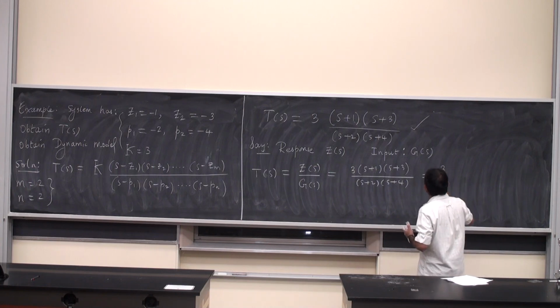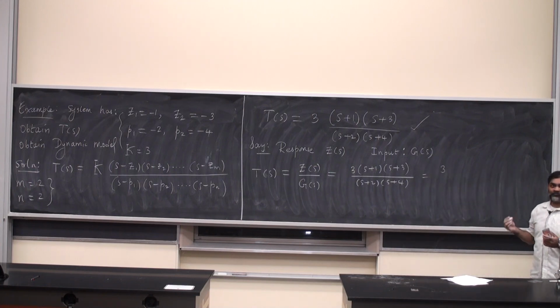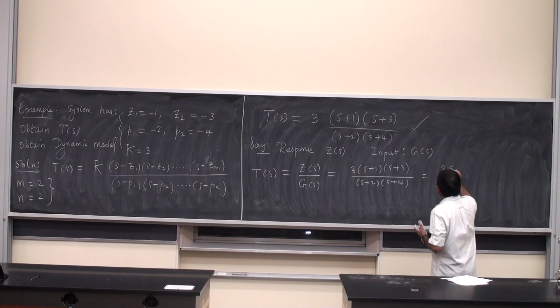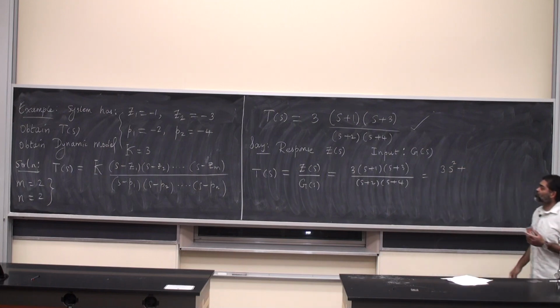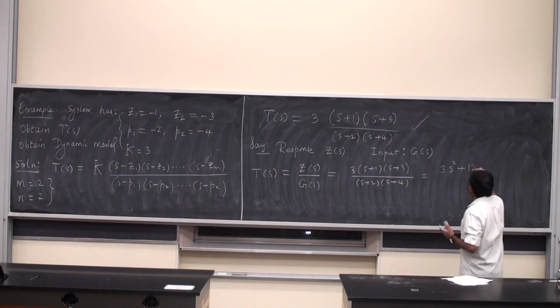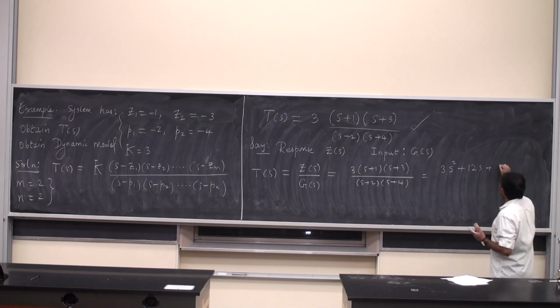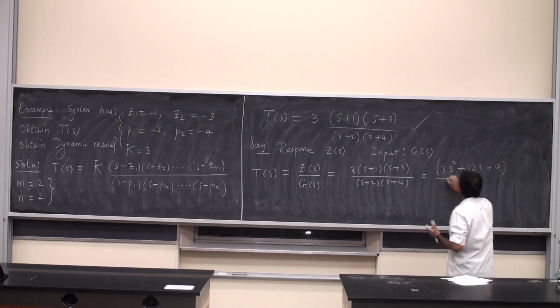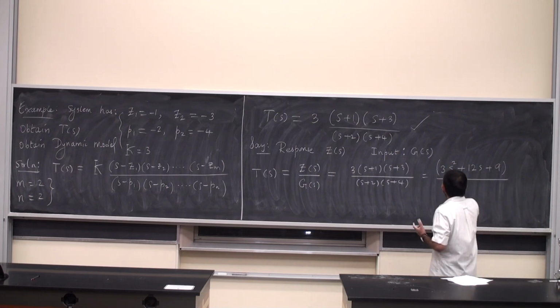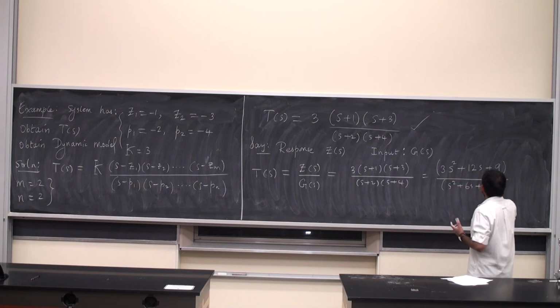So this is 3, S plus 1, S plus 3. Directly, I get 3s square. I get 4s, so 4 times 3 is 12. And then 3 times 3 is 9. Divided by s square plus 6s plus 8.